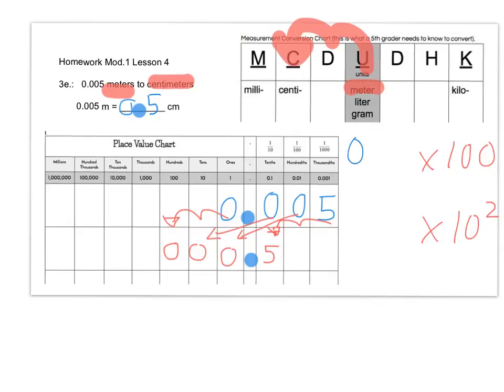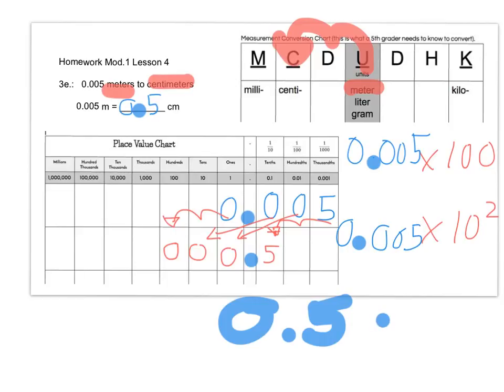And again, if we take 0.005 and times it by 100, or times it by 10 to the power of 2, we will get the answer of 0.5 centimeters. I did that one backwards. So that ends up being about 1/2 of a centimeter instead of 5/1000ths of a meter. They're the same measurement, just 2 different ways to say it.